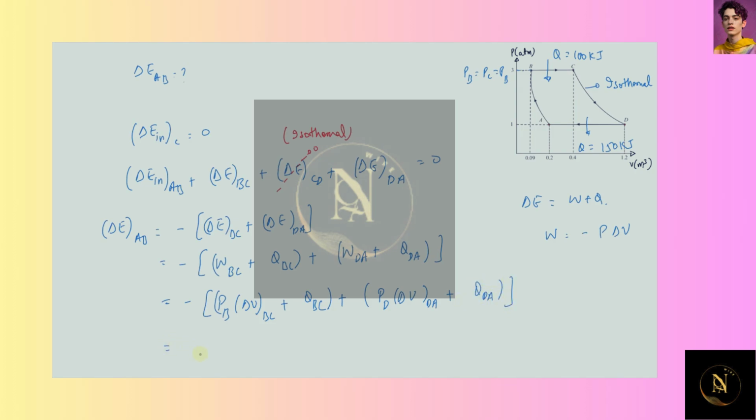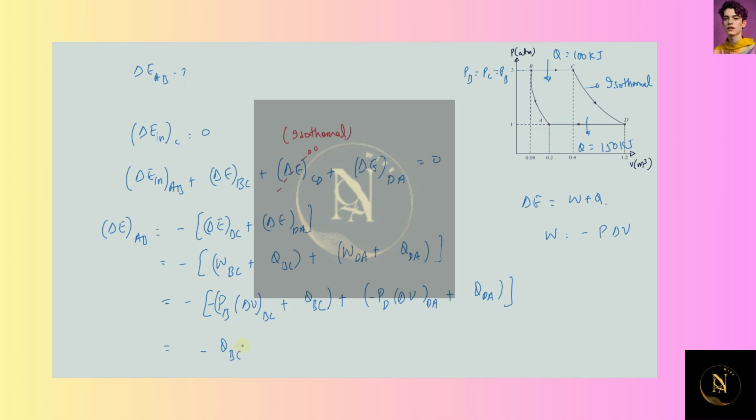We're going to simplify this and we'll get minus of QBC. Actually it should be a minus sign here because the work is given as minus P delta V, so we have to include the minus sign also here.